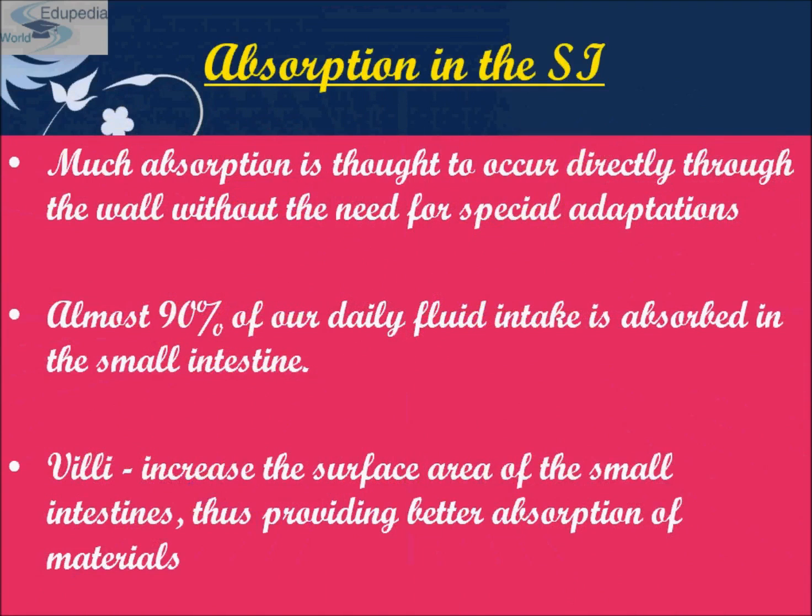Now, how does absorption in the small intestine take place? Much absorption is thought to occur directly through the wall without the need for special adaptations. Almost 90% of our daily fluid intake is absorbed in the small intestine, and of course it is absorbed by the villi that increase the surface area of the small intestine, and thus provide better absorption of materials.